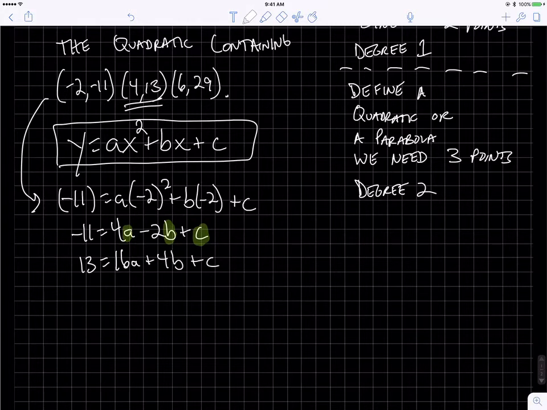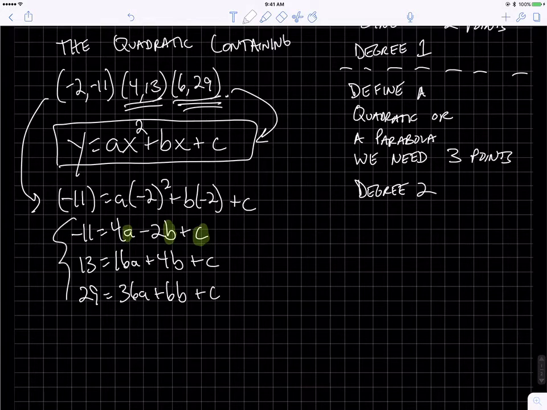The third equation will come from when I plug in 6, 29 into the standard form of a quadratic. So it's 29 equals 6 squared is 36a plus 6b plus c. This is a 3 by 3 system. 3 variables, 3 equations. So now I can solve it.